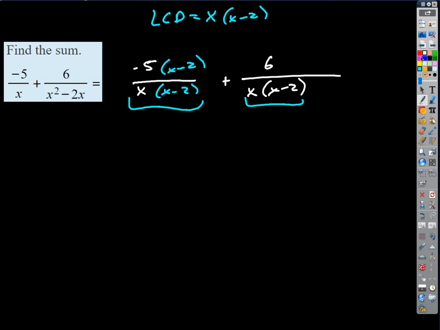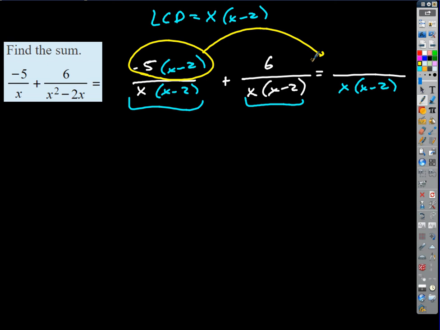Right, so this whole thing is equal to x times x minus 2 on the bottom. What do I get on top? So if I expand that out, what do I get?